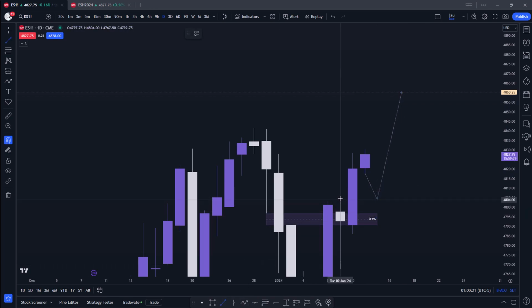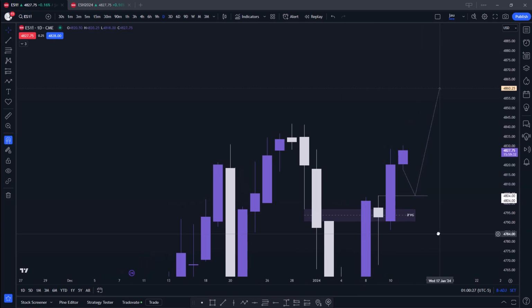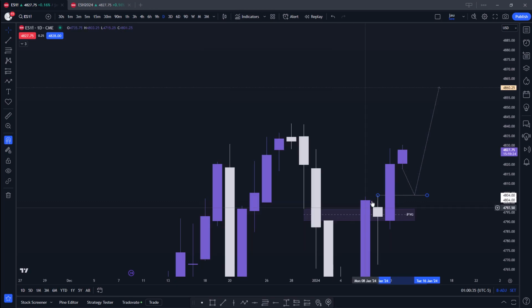Because of the high of this now potential order block. The high of that level could make us immediately rebalance, because that would be an immediate rebalance if we actually test this level, which I'm going to set an alert for. So if we test this level, it would be an immediate rebalance, then a push to the upside.